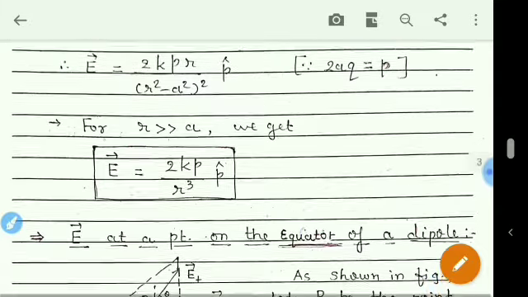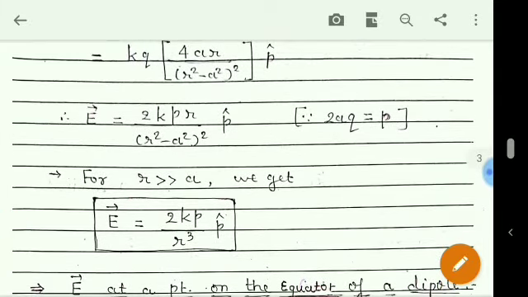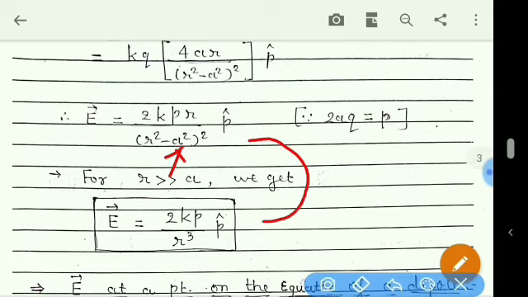So in above formula, if we neglect this A, then our new equation will be this. Simply take A is equal to 0.